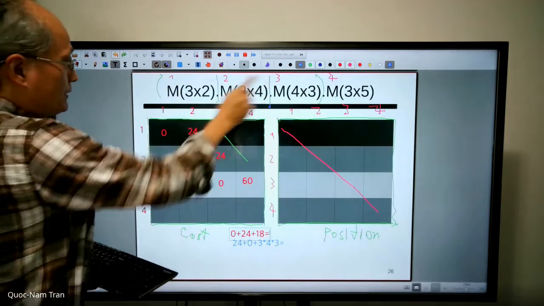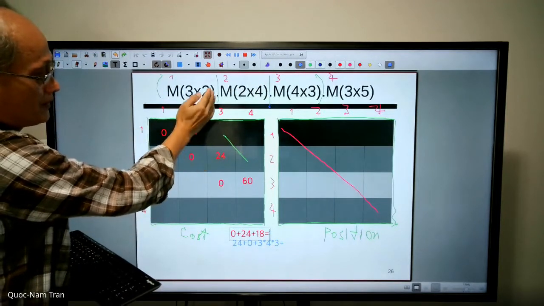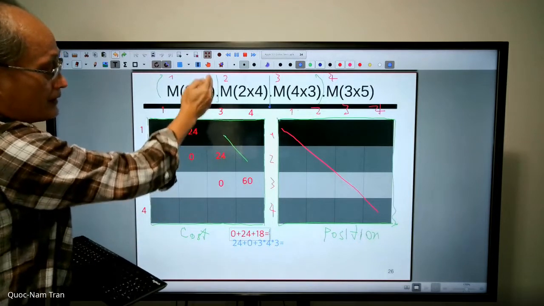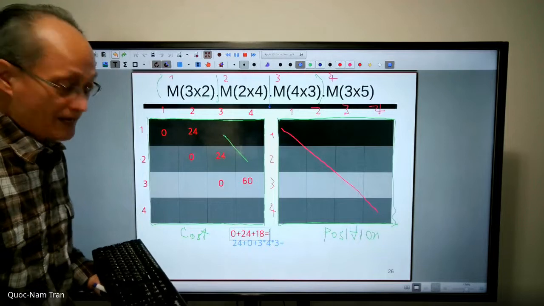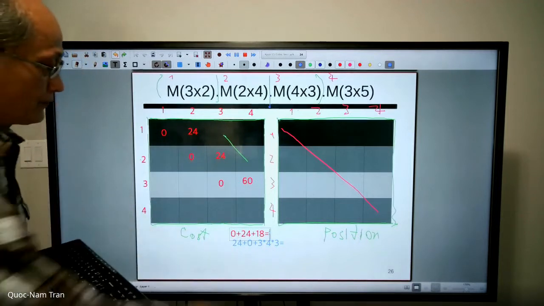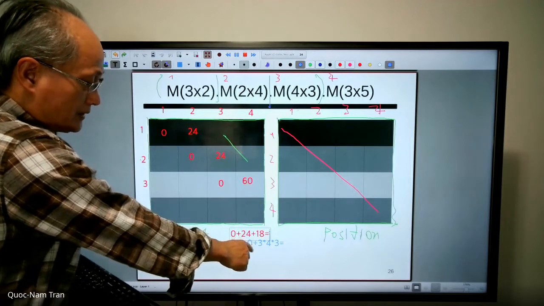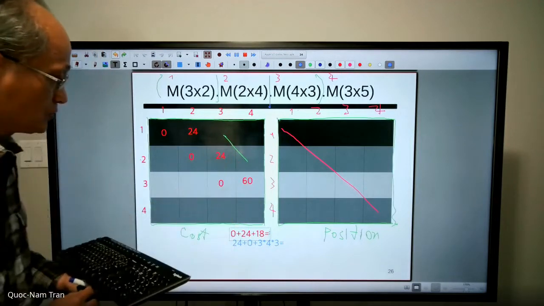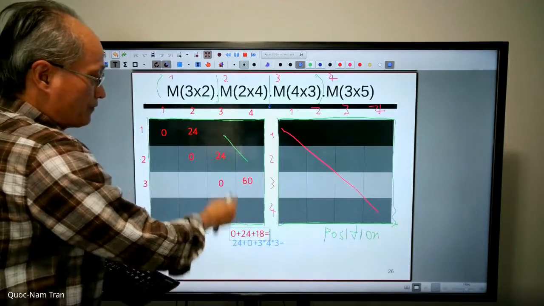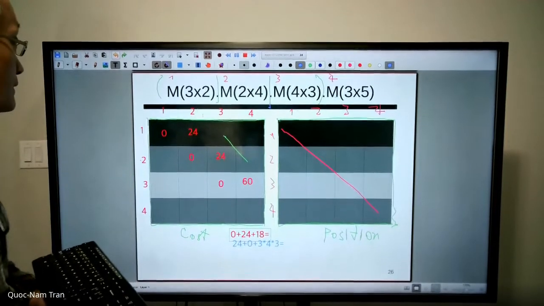From 1 to 3, the cost will be the first way when we break it here, right? So 24 plus 18 will be 42.